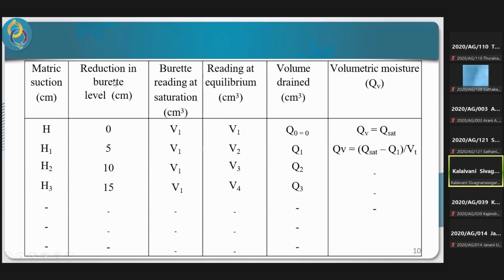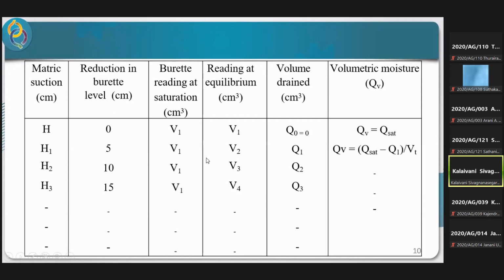When you are adjusting the burette level, here you have to take the readings. At 0 level, what is the volume, and then at 5 centimeter level, what is the volume of the burette? Likewise, you have to take.